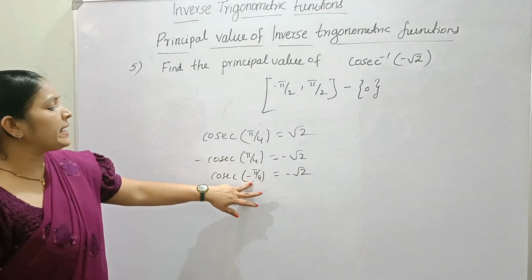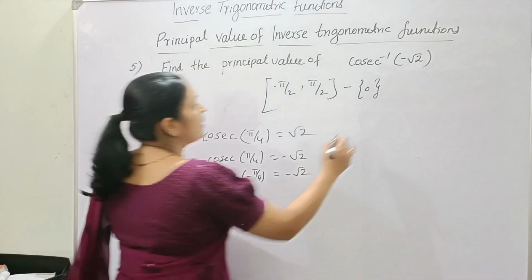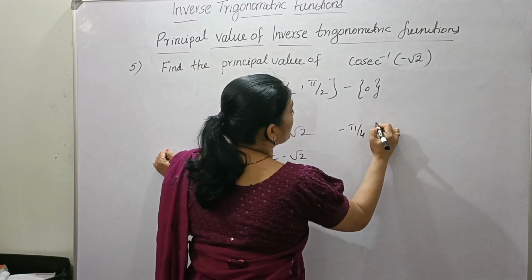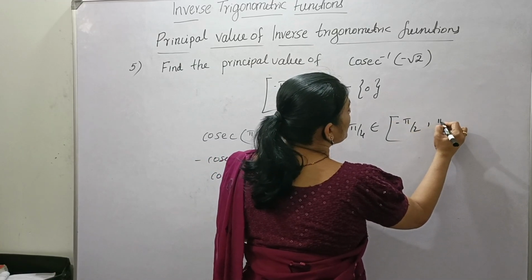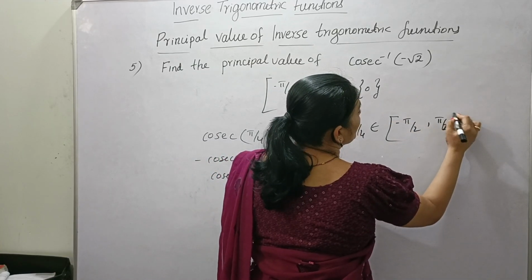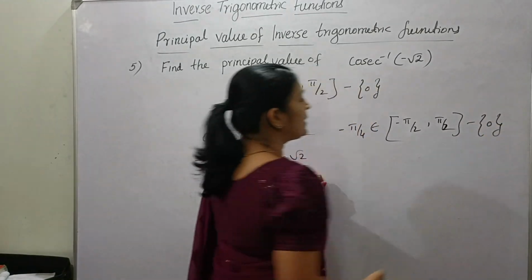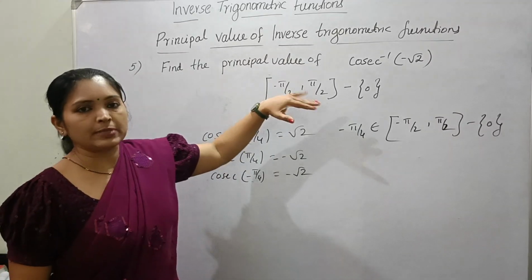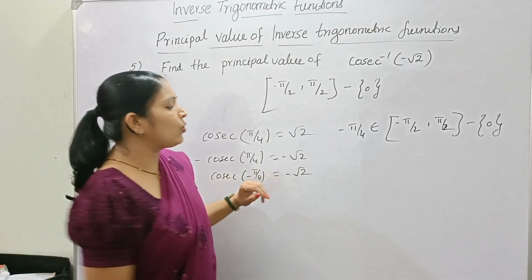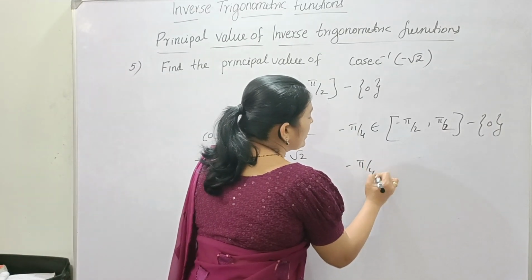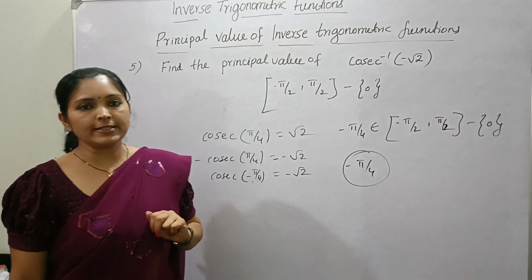And this minus pi by 4 belongs to this interval, right? Minus pi by 4 belongs to the interval minus pi by 2 to pi by 2 minus 0. So this angle lies in the principal value branch of this cosec inverse function. Therefore, minus pi by 4 is the principal value of cosec inverse of minus root 2.